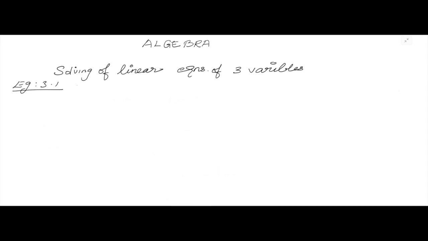Here, we can have it like this. Father's present age as x, and son's present age as y. This is after 6 years. So what will be the age of the father after 6 years? x plus 6, and the son will be y plus 6. This is what is given. The father's age is 6 times his son's age.